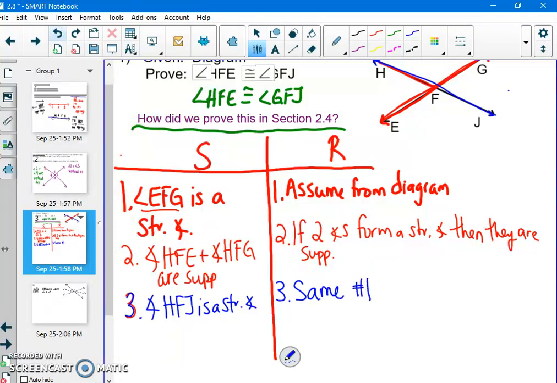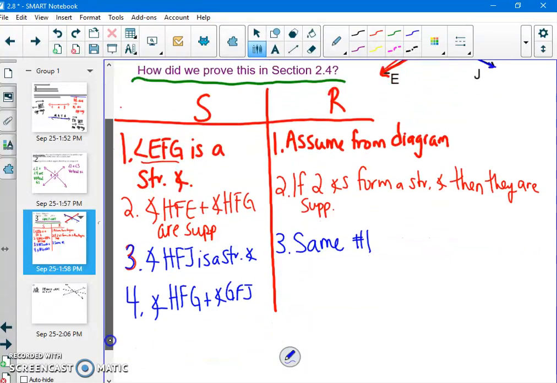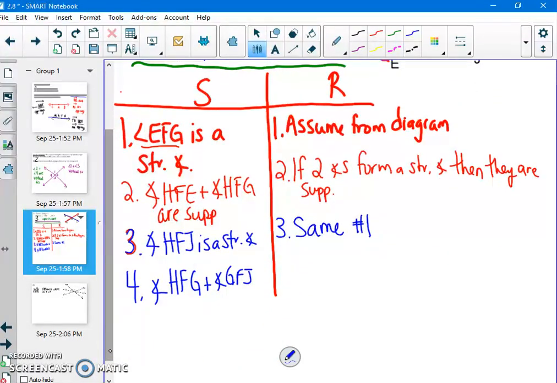And then the two angles that make that up, like in number 2, angle HFG and angle GFJ are supplementary. And our reason is same as number 2.